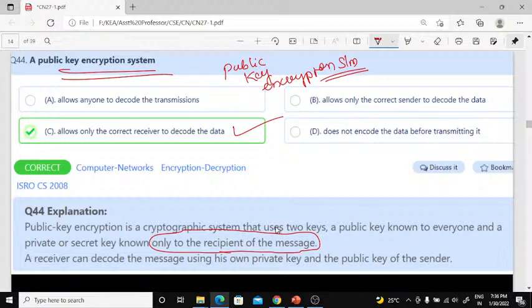So a receiver can decode the message using his own private key and the public key of the sender.